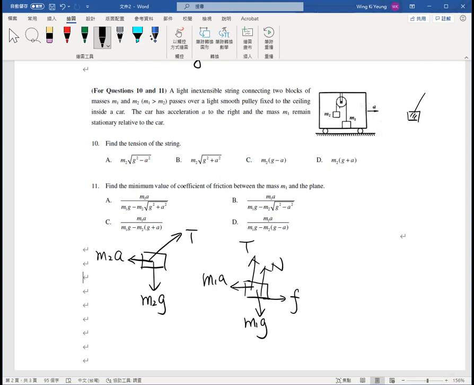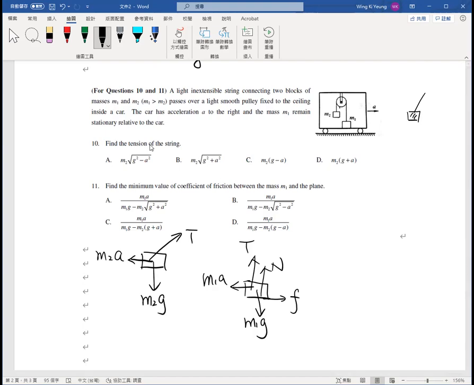Have you solved it? The tension of string. Now to solve the tension of string, of course you look at the free body diagram of M2, is it? It's much simpler. Then do you get the answer?